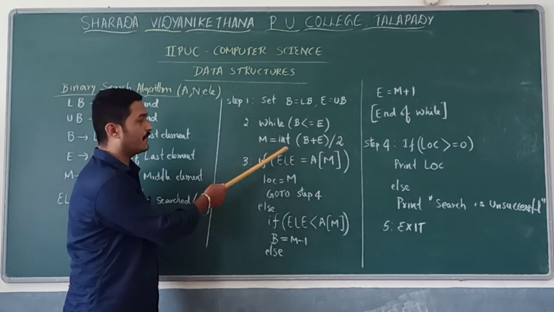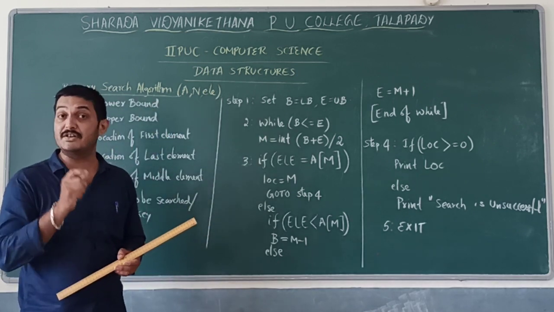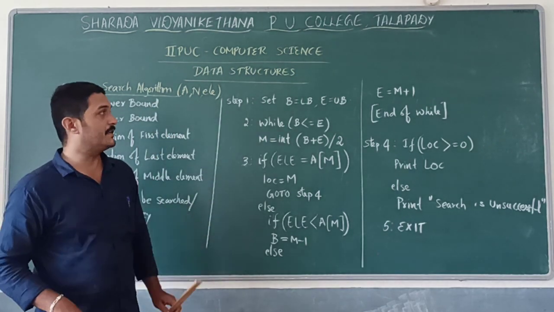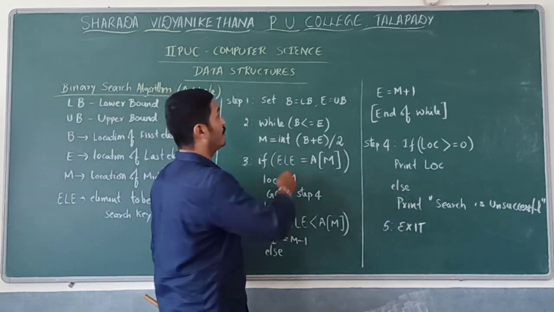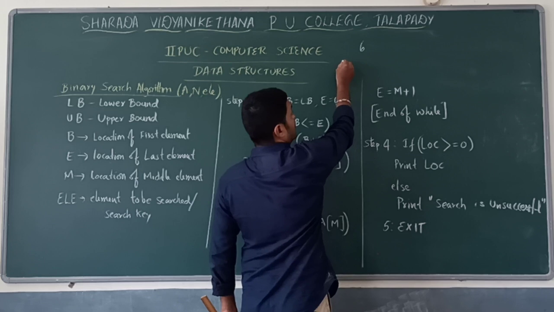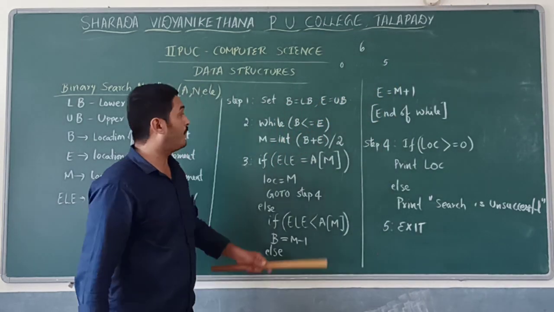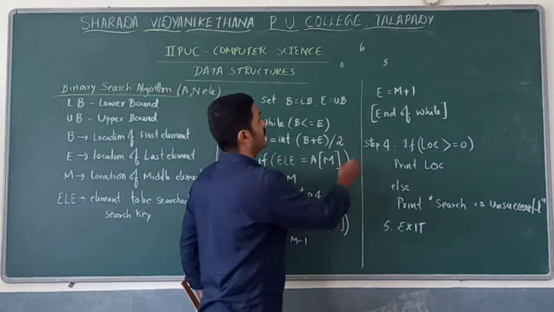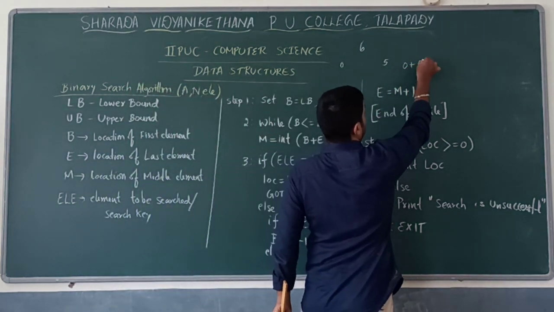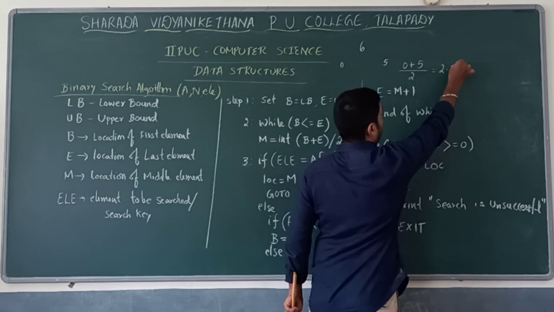So what is the purpose of using int? Here int is to specify the integer value only. Suppose you have 6 elements, with locations from 0 to 5. To find the center element, 0 plus 5 divided by 2, the answer is 2.5.